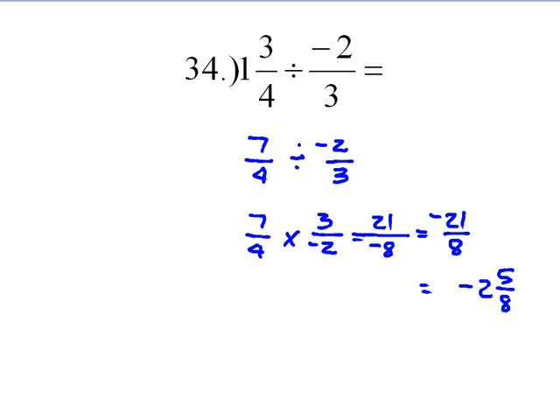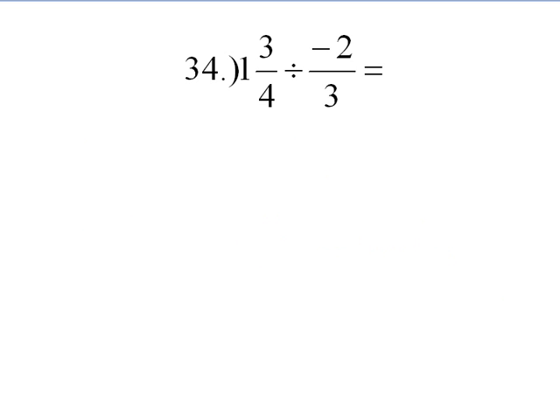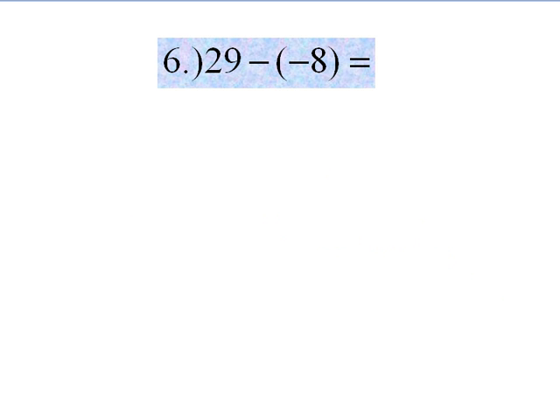Alright, let's let you try. Let me get rid of this. Pause or stop the tape if you need help. The answers are in the information section of the website. Here's another problem. Multiplying numbers.